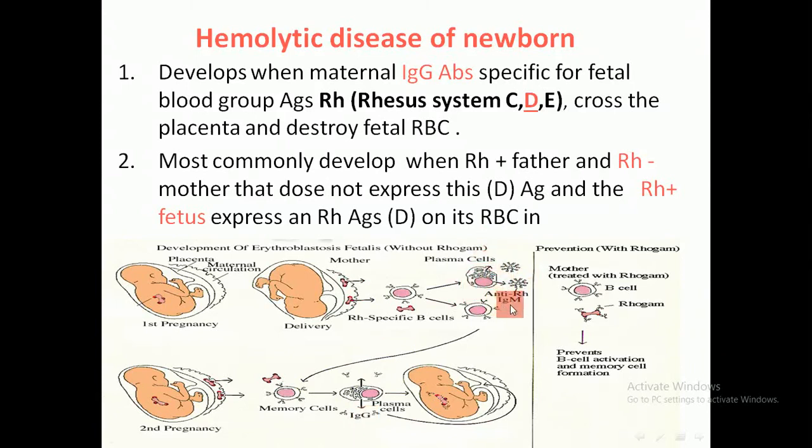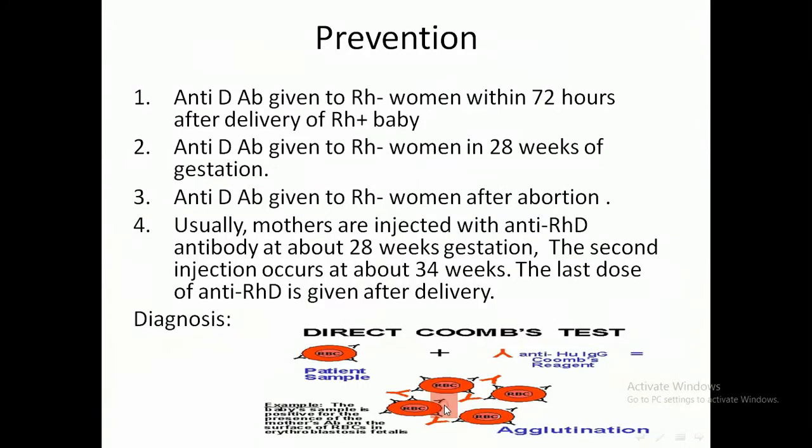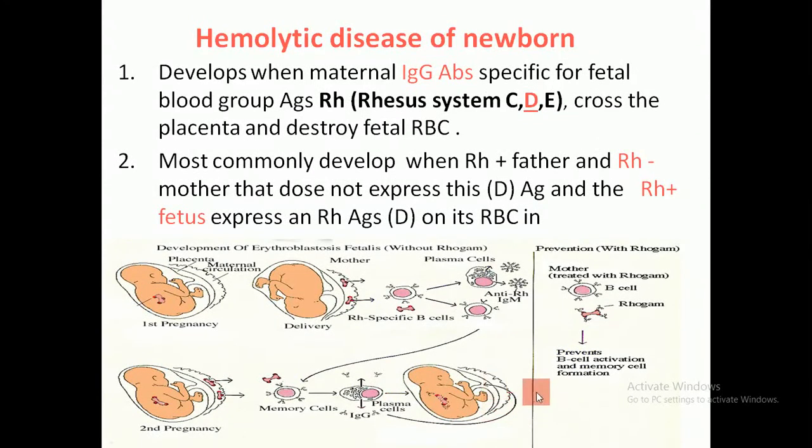This is the first or primary immune response, which secreted IgM, and here the secondary immune response secretes IgG. And the main characteristic of IgG is that it crosses the placenta. So this IgG will cross the placenta and go to destroy the fetal RBCs. And there is destruction of the fetal RBCs.